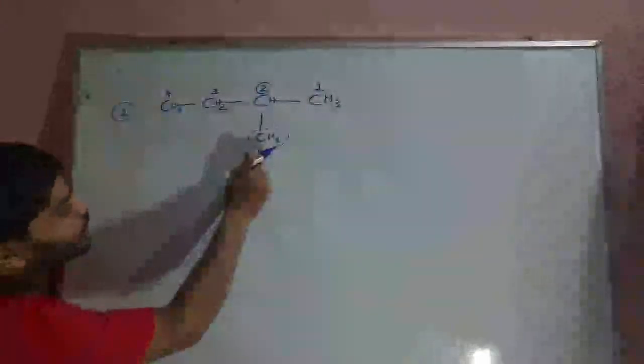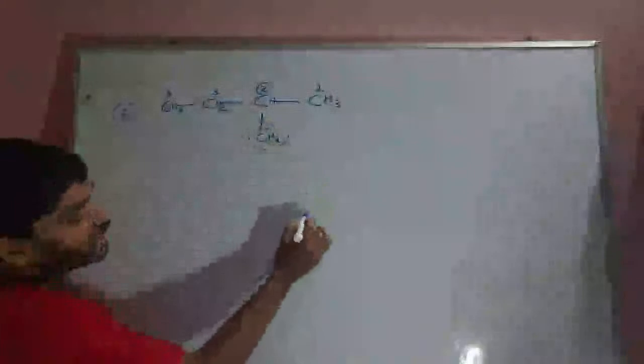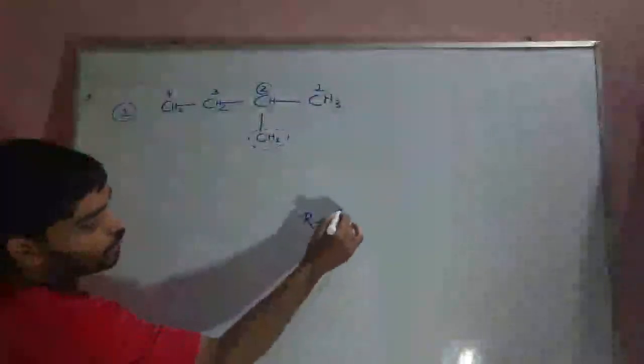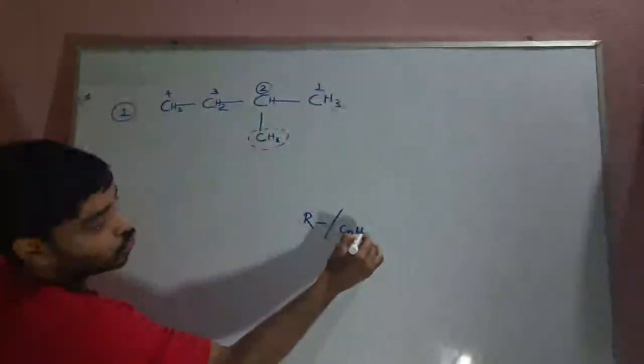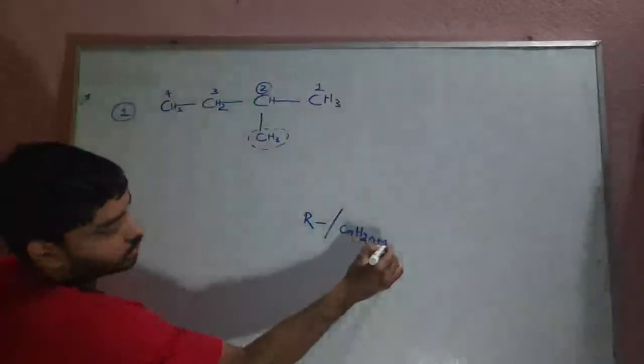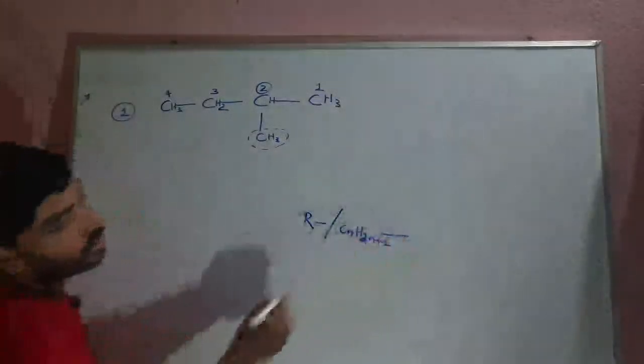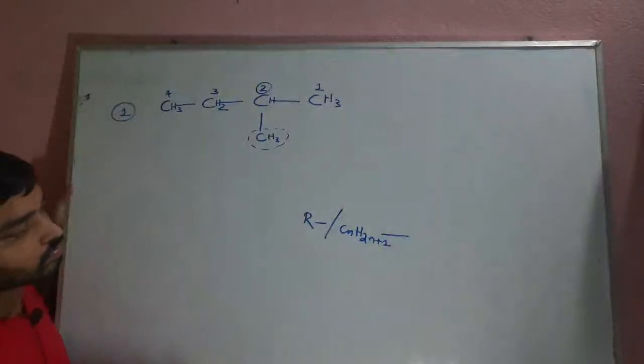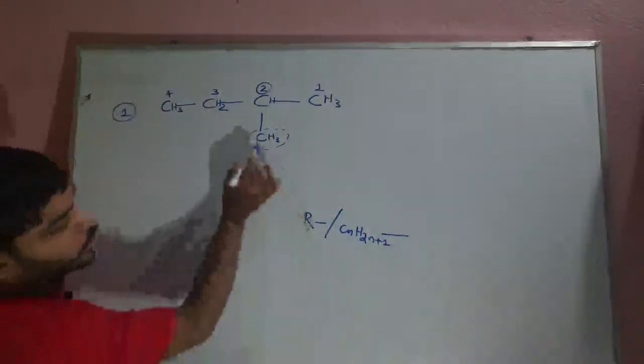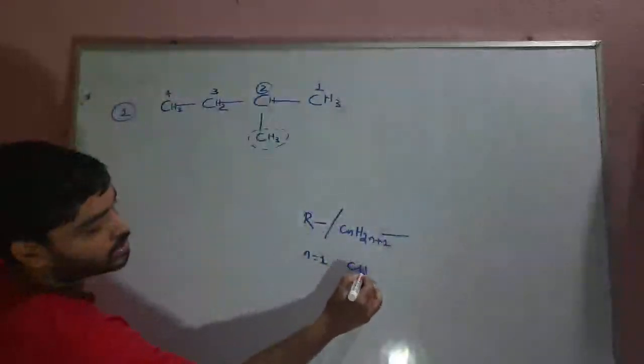That means here the hydrogen is replaced by the alkyl group, which has the general formula CnH2n+1, or the alkyl group formula will be CH3.